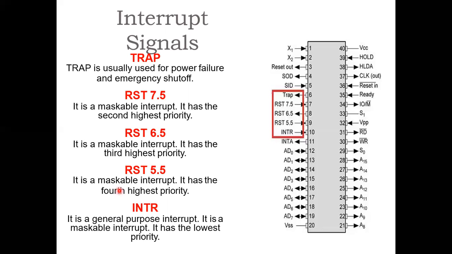Okay, simply, we can explain with a simple example. If you are using a mobile phone and typing a message, this is one operation. If someone calls you, it is the highest priority operation. So automatically the messaging process will be disabled and the call will appear on the main screen.